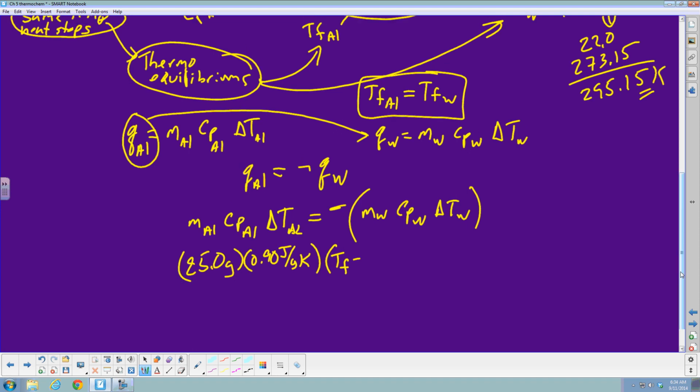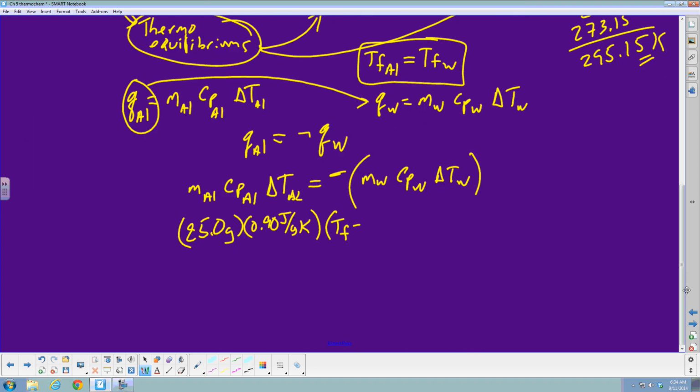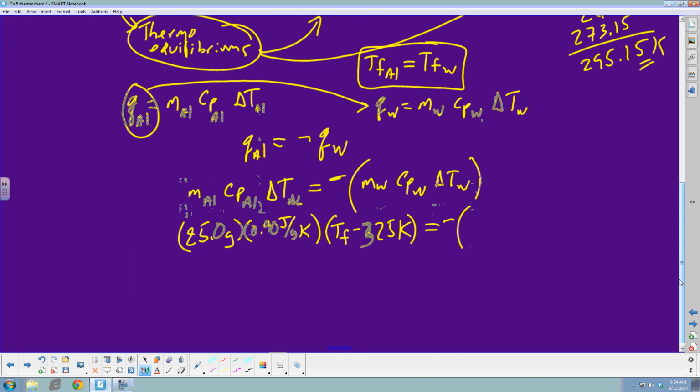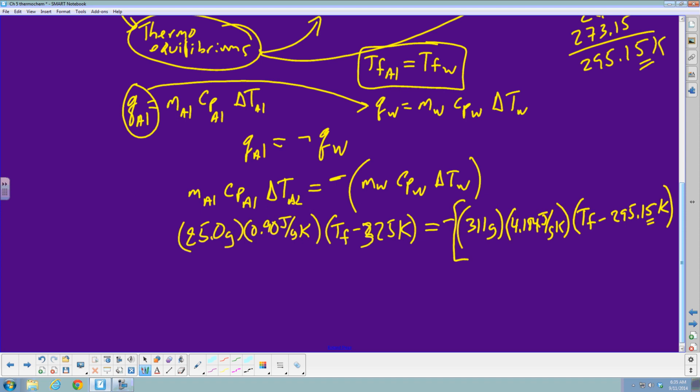I think it's 325, right? 325 K. Let's do the same thing then on the other side. I have a negative. What was my mass of water? 311 grams. Let's put a bracket here. Times, what's my C sub P? 4.184 joules per gram Kelvin. Times my T final minus 295.15 Kelvin. Got it? All right.